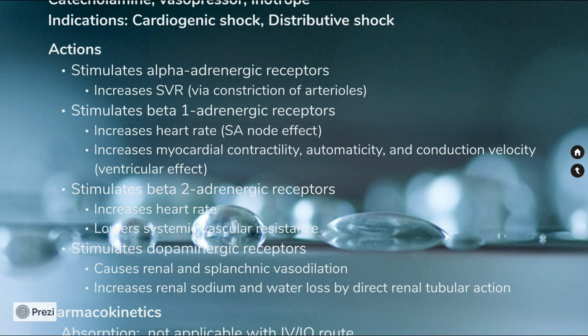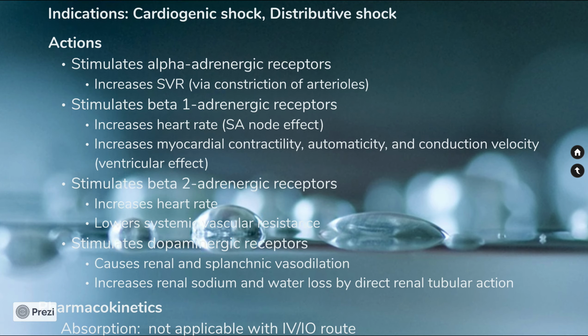In contrast, beta adrenergic receptors will decrease systemic vascular resistance. Note that for dopamine, the difference between the alpha response and the beta response is determined by the dose. The higher the dosage, the more you will trigger the alpha adrenergic response.